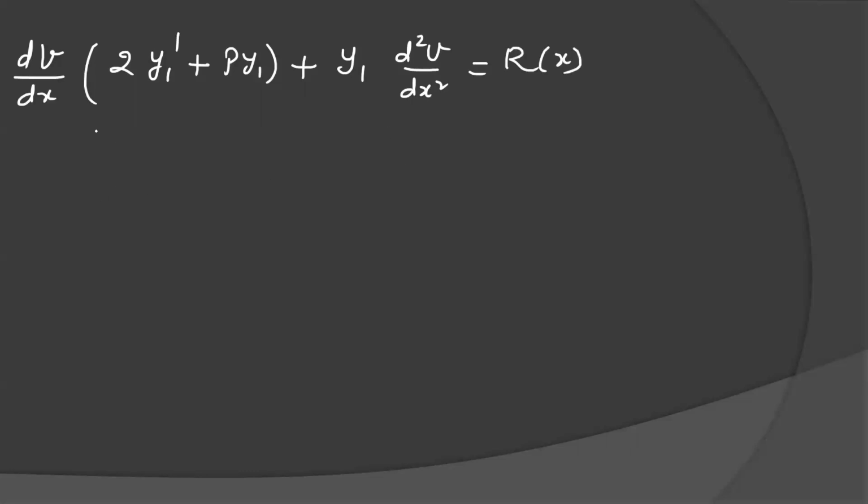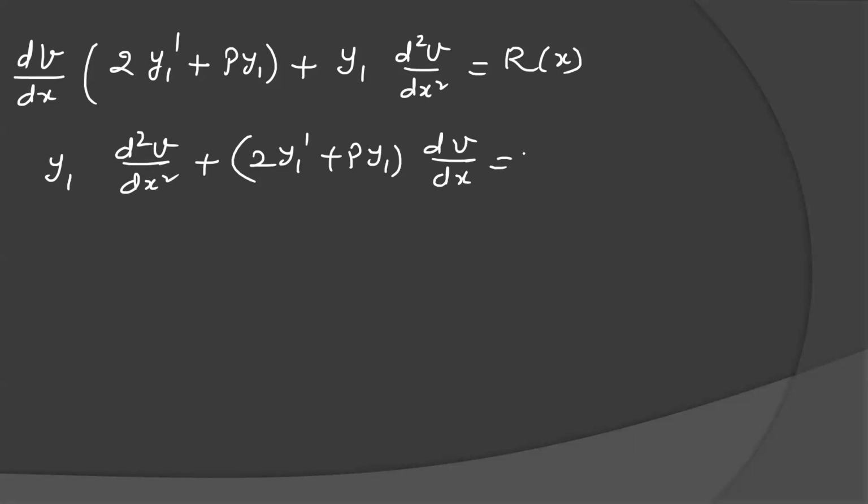Now write the double derivative term first, then d2v by dx2 plus 2y1 dash plus py1 dv by dx is equal to rx. See carefully students here, y1 dash I am representing, that is dy1 by dx actually.